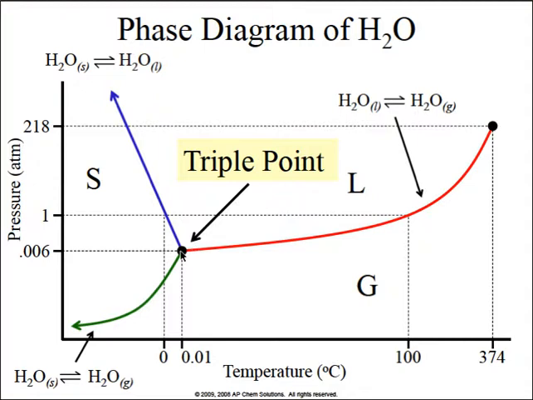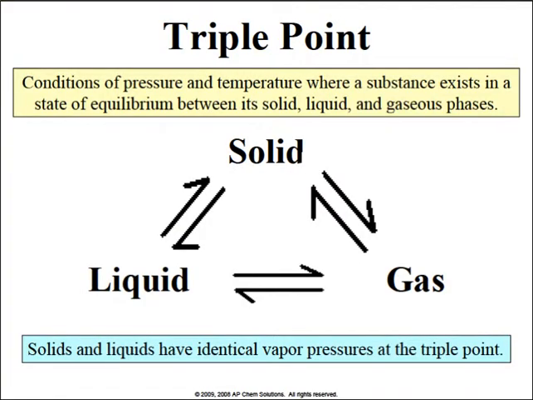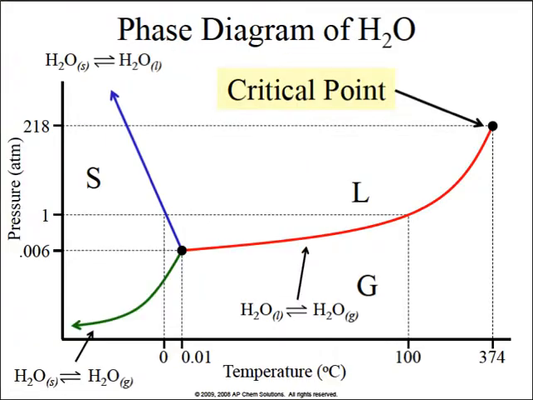So at this point, you have solid, liquid, and gas. Every phase diagram will have this triple point. It will move and change depending on the substance that you have. A triple point is a condition of temperature and pressure where all three phases of matter exist in equilibrium. This is a very special point.